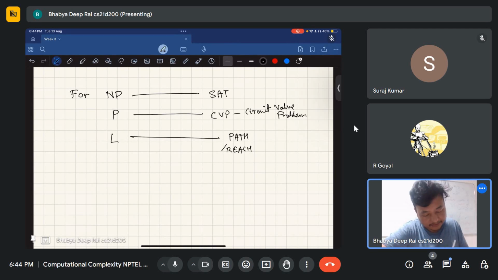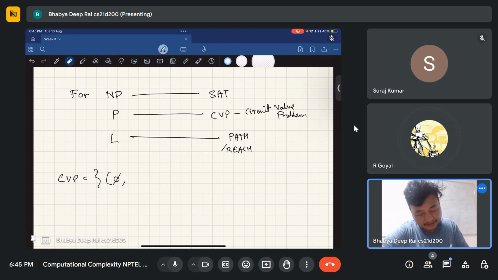The circuit value problem is defined as the set of pairs phi, b such that phi evaluates to b.